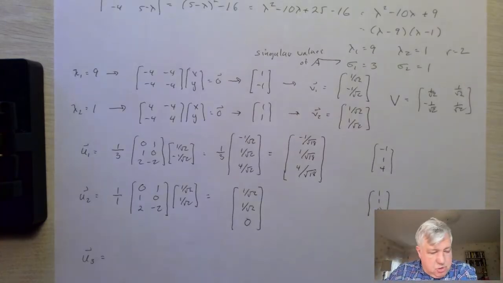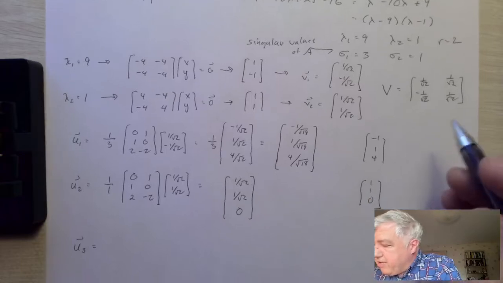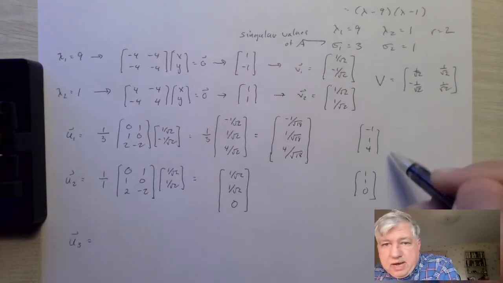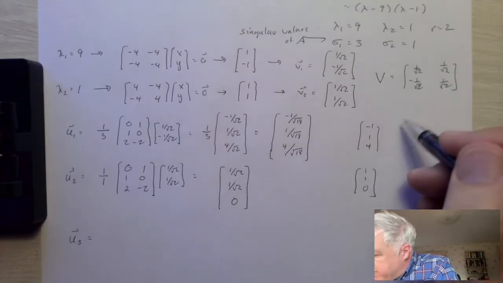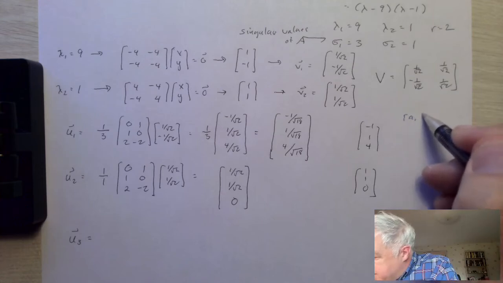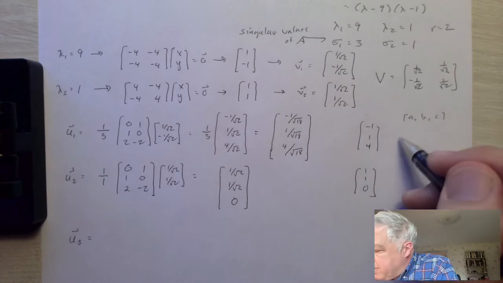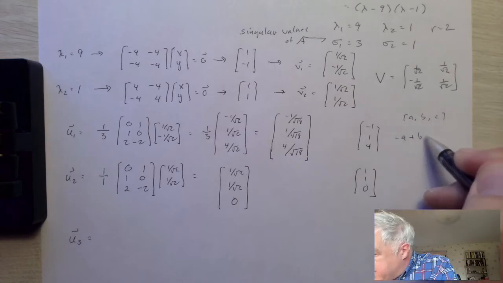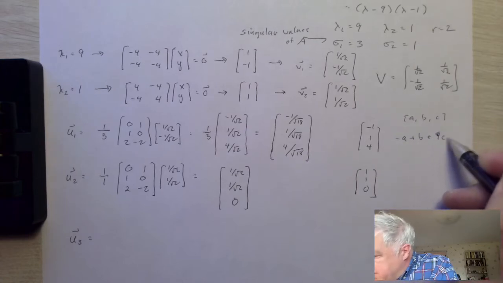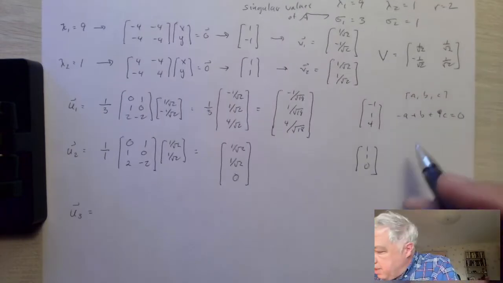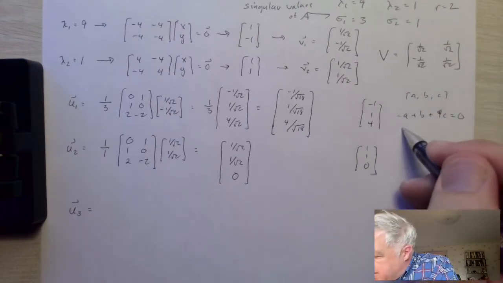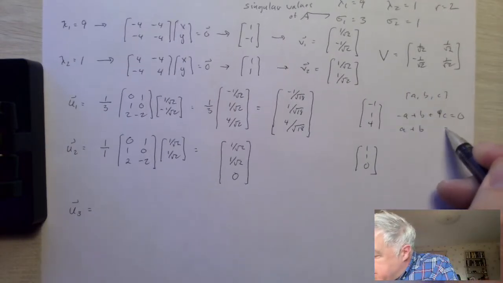All right, so we really just want to find a vector a, b, and c that's orthogonal to both of these. So if it's orthogonal to this, we get minus a plus b plus 4c equals 0. And if it's orthogonal to this, we get a plus b equals 0.